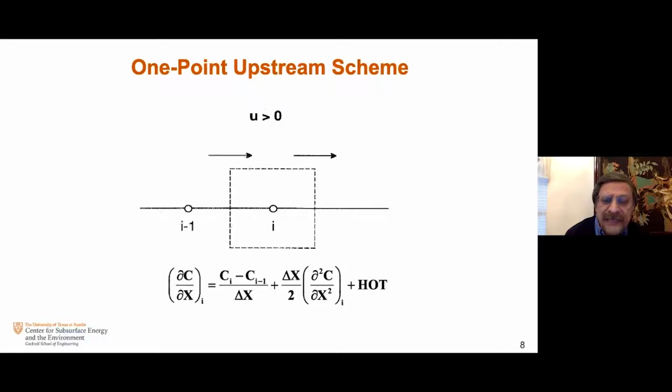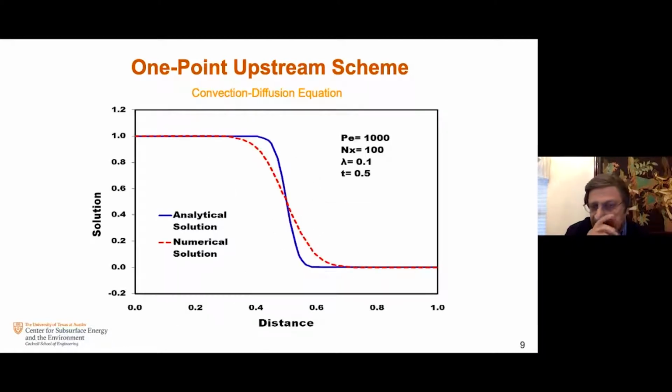In this case, I'm using a second order approximation for the discretization of the diffusion term, and a first order backward approximation for the first order term.